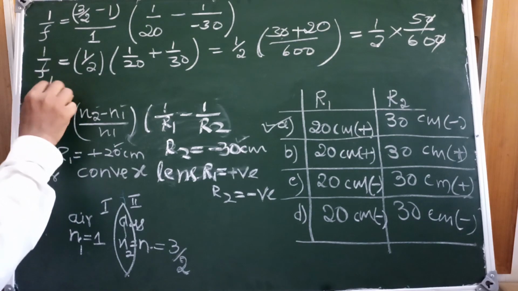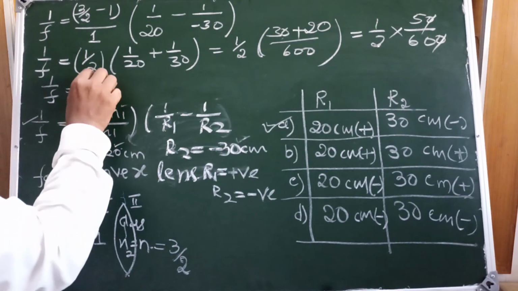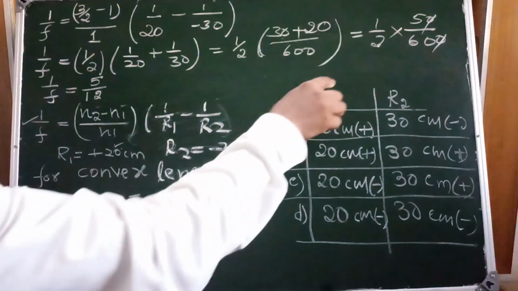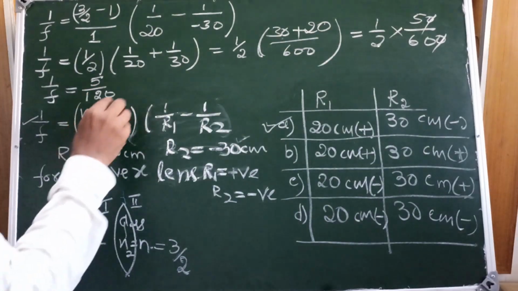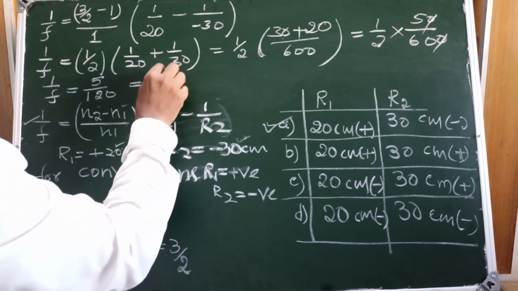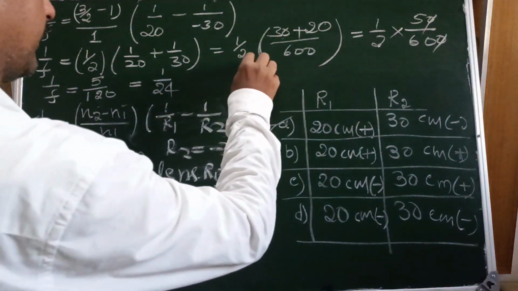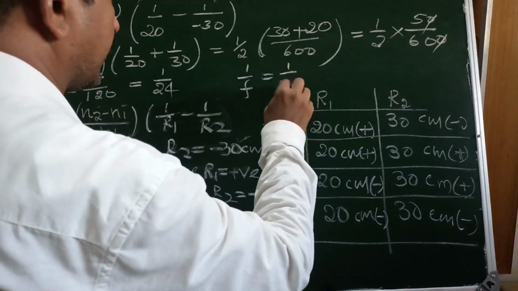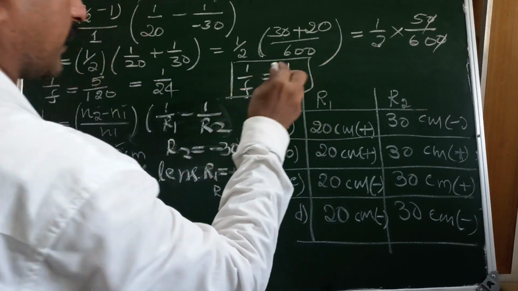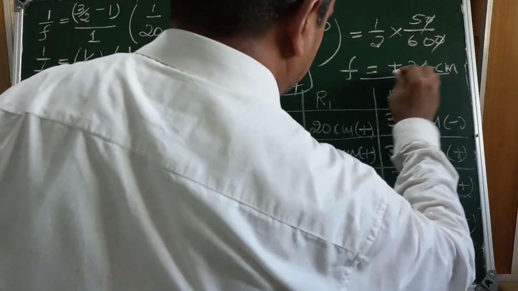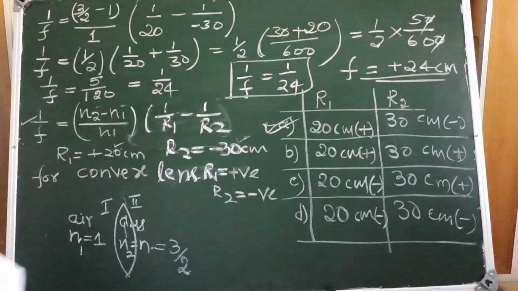So you can write 1/f is equal to 5/120, that is 6 into 60 into 2 means 120. 5/120 is nothing but 1/24. So 1/f is equal to 1/24, and the focal length is given by plus 24 centimeter.